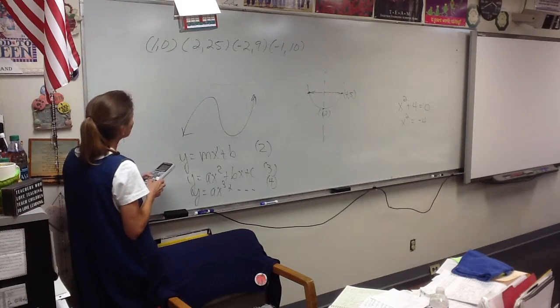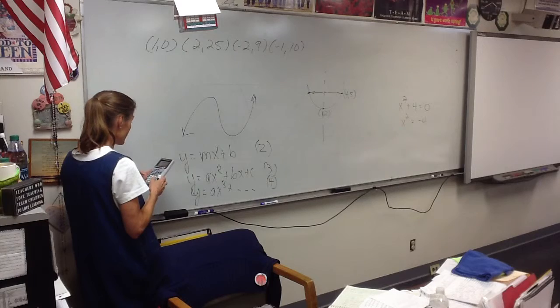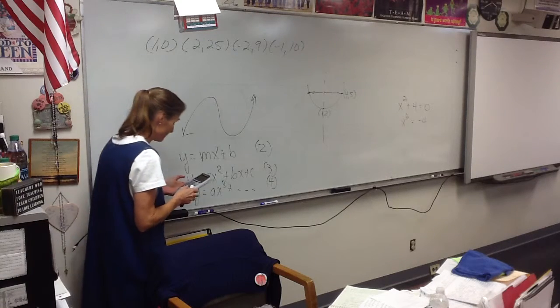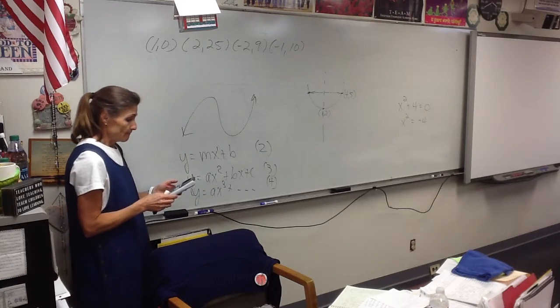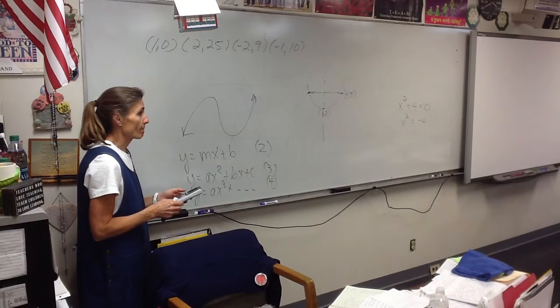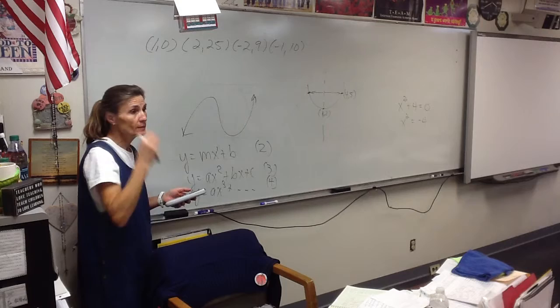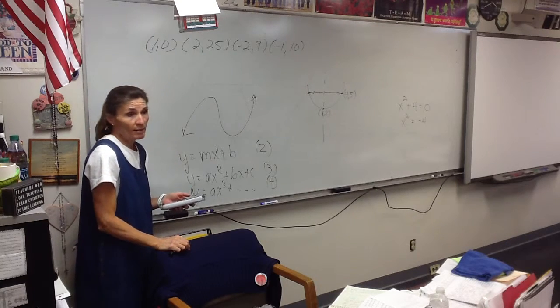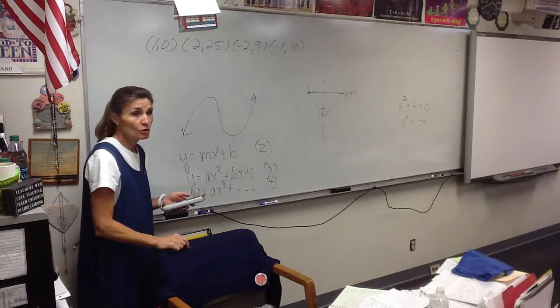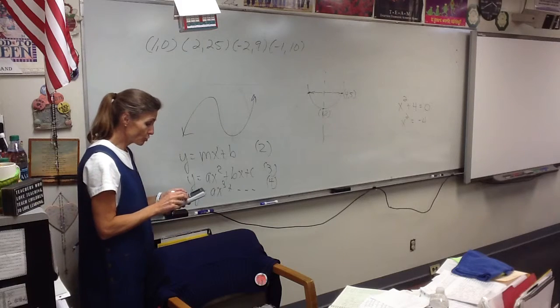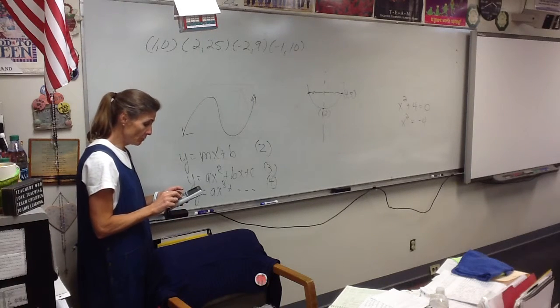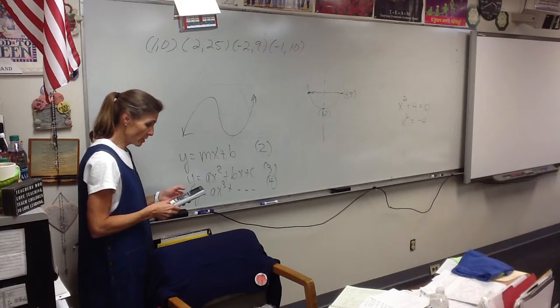Now I rigged this problem, I think. We'll see how well I did that. Now, I'm telling you to do a cubic regression, so you don't actually have to plot these. I'm telling you it's a cubic regression. So we're going to go straight to our Stat Calc menu and go down to cubic regression.